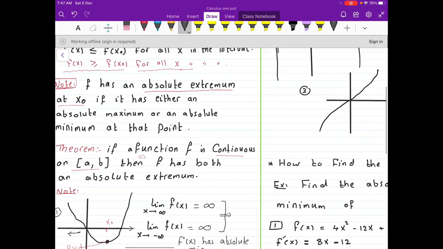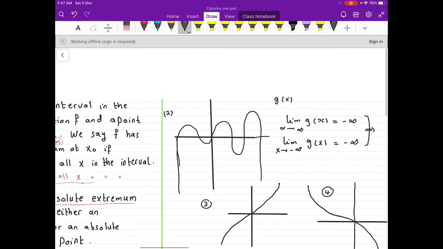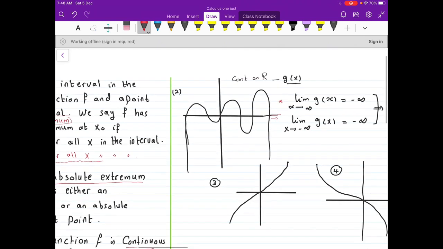If we take the function g of x, obviously the function g of x is continuous on R. Now, find the limit of g of x as x approaches infinity. As x approaches infinity, the graph approaches minus infinity. And the limit of g of x as x approaches minus infinity, the graph also approaches minus infinity.